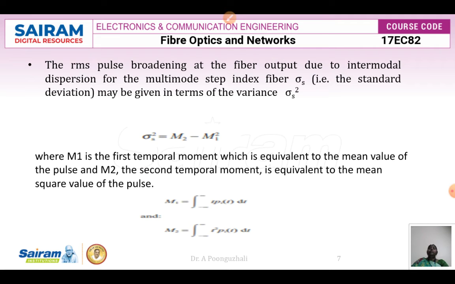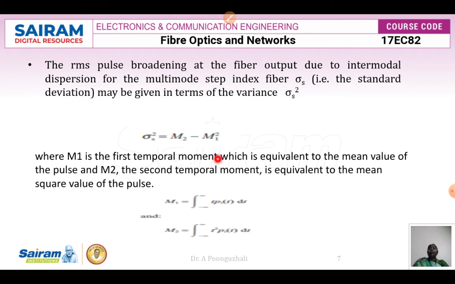So the RMS pulse broadening at the fiber output due to intermodal dispersion for the multimode step index fiber, sigma S, can be given in terms of variance. The variance of this pulse broadening is going to be m2 minus m1 square, where m1 is the first temporal moment, equivalent to the mean value of the pulse, and m2 is the second temporal moment, equivalent to the mean square value of the pulse.